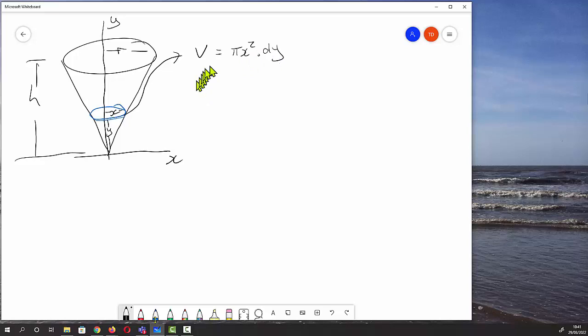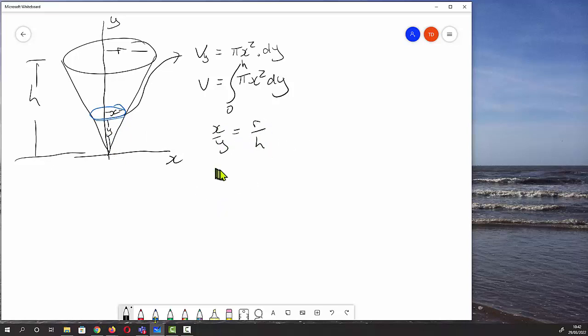The volume of the whole thing, so this is V, is equal to the integral of pi x squared dy from 0 to h. Yes, that's right. How does x vary with respect to y? By similar triangles we know that x over y is equal to r over h.